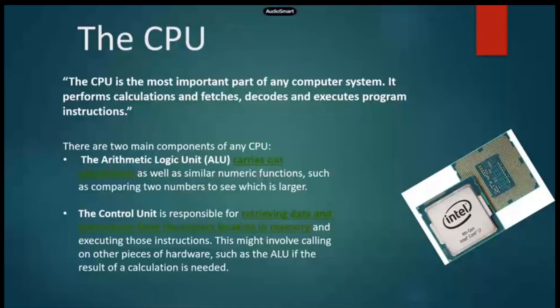If you break that keyword down into control unit, it will control the flow of information throughout the CPU. It might also ask for help from other pieces of hardware, such as the ALU, if there needs to be any calculations and all that kind of stuff.